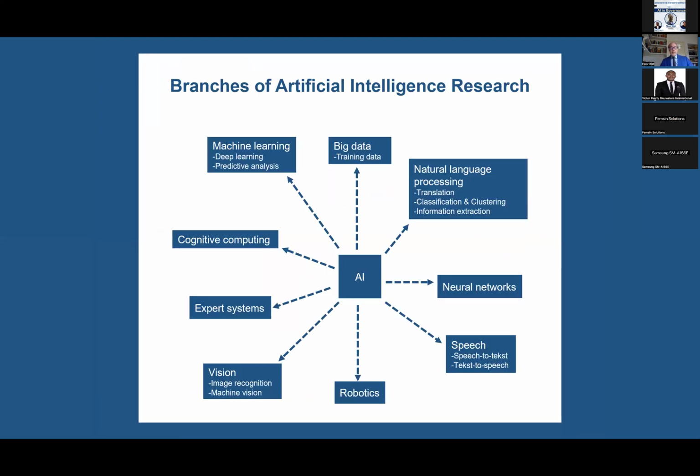As you can see, these are the branches of artificial intelligence research that have been active for, let's say, the past 15 years at least. I mentioned the one called expert systems, but at the same time, there were a lot of different aspects of artificial intelligence being researched, and a lot of progress was booked on different research areas.